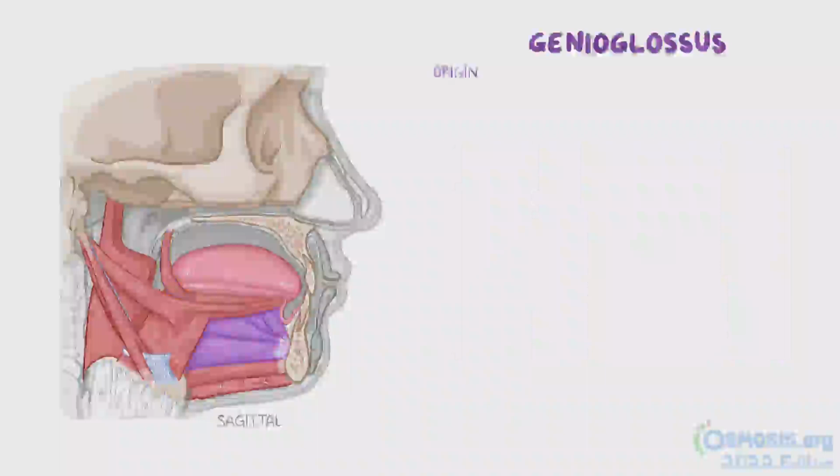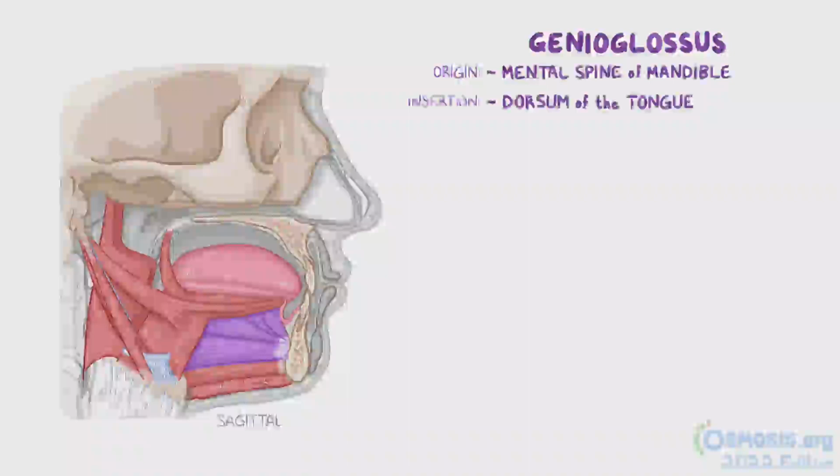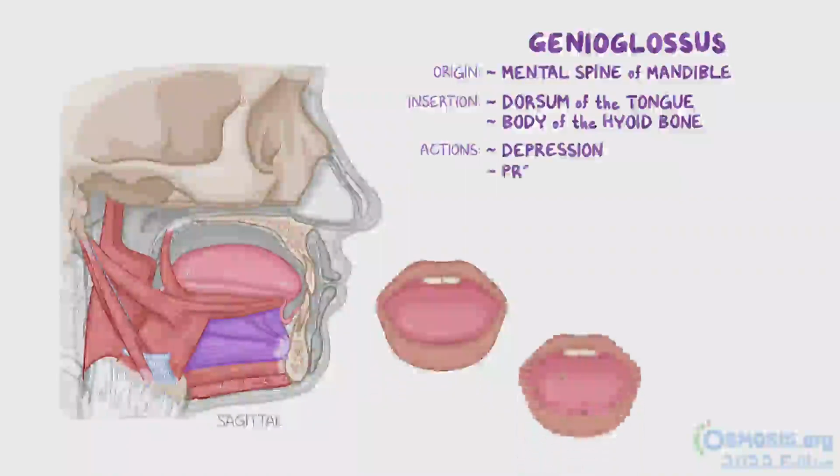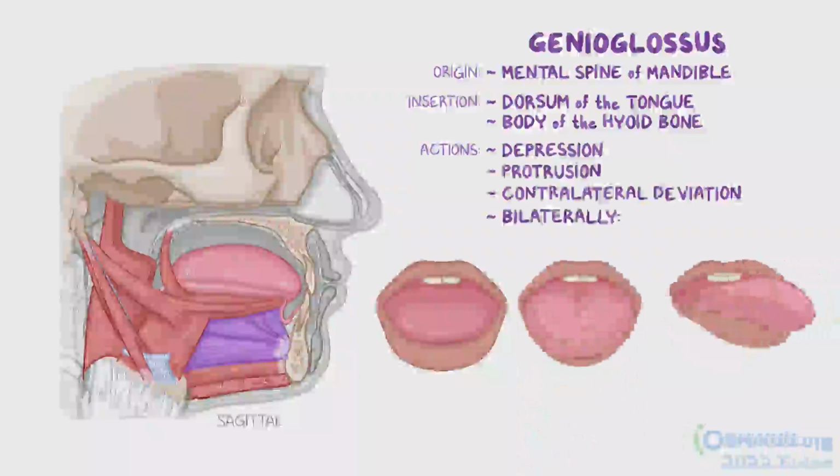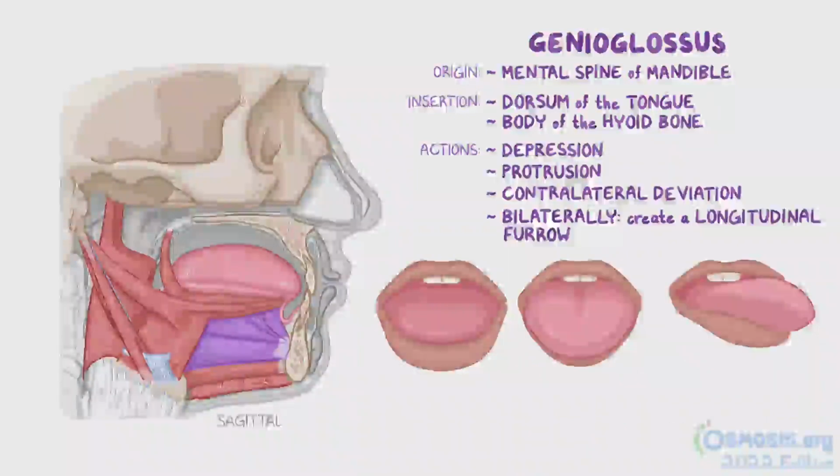It originates on the mental spine of the mandible and inserts on the dorsum of the tongue and the body of the hyoid bone. Its main actions include tongue depression, protrusion, and contralateral deviation. Bilaterally, the genioglossus muscles create a longitudinal furrow that helps during swallowing.